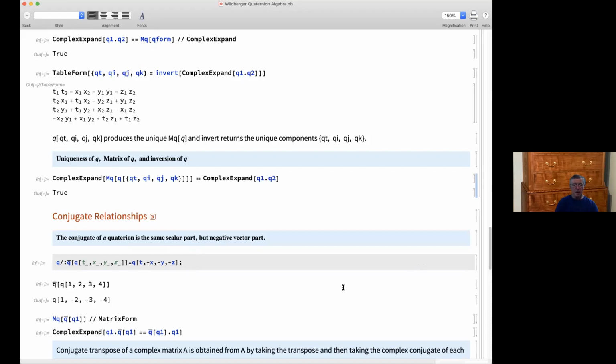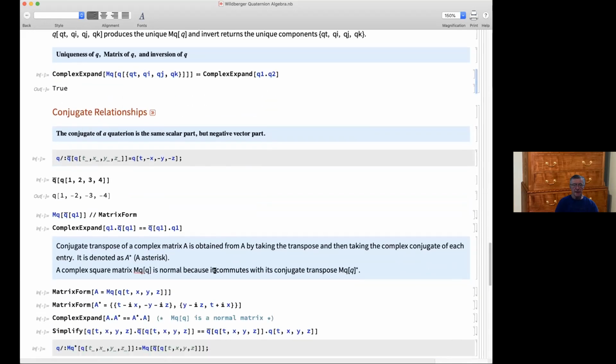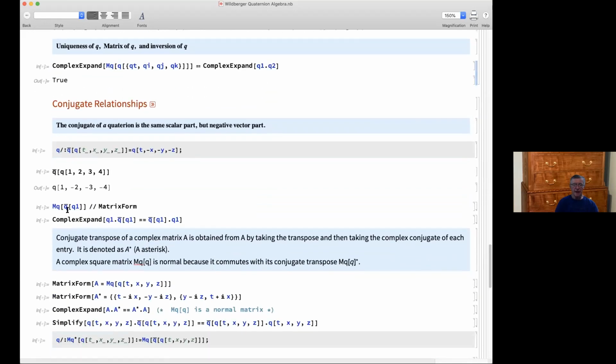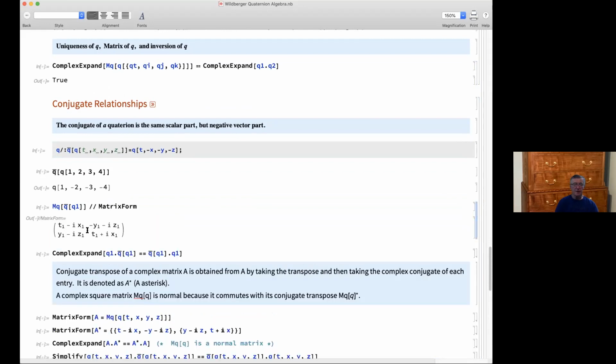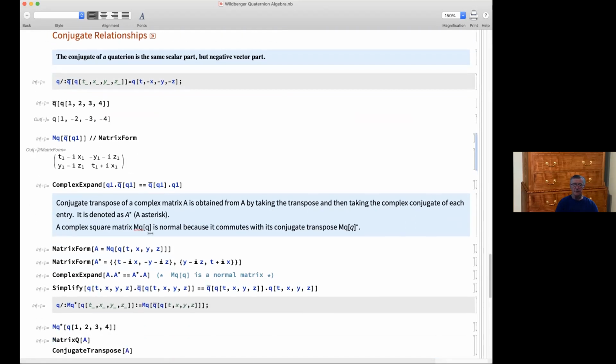And so that value is then defined, and then we can look at what the equivalent matrix form is. And as you might expect, you get T minus IX instead of plus, and you get minus Y, minus IZ instead of plus IZ, across the first row.